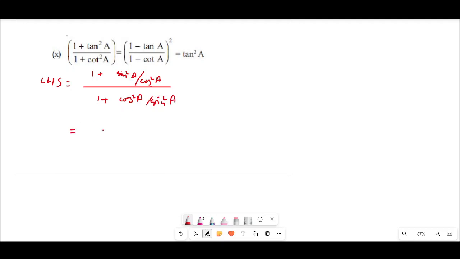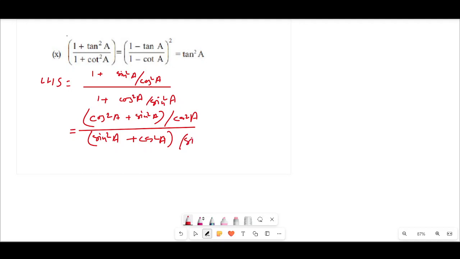Now we should simplify this. We can write cos square A plus sin square A upon cos square A. Now sin square A plus cos square A upon sin square A. Clear?